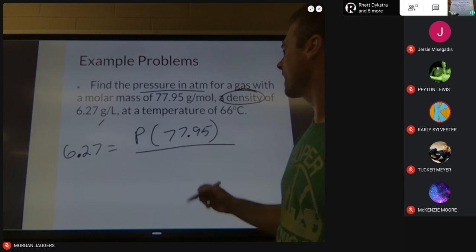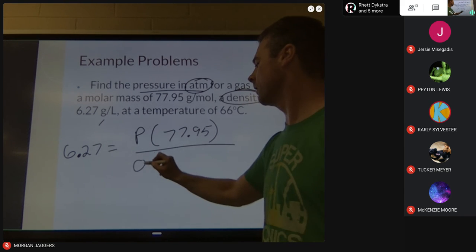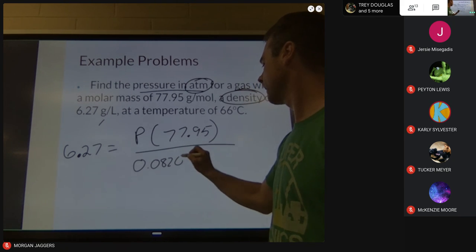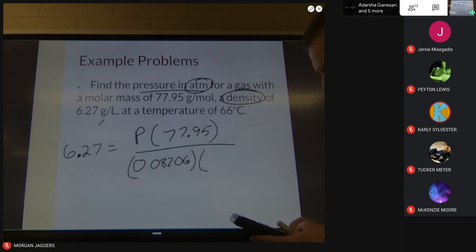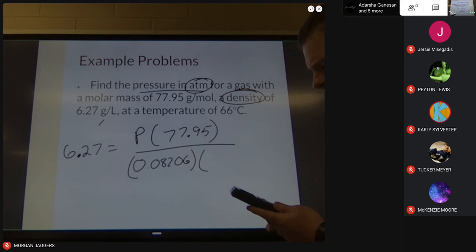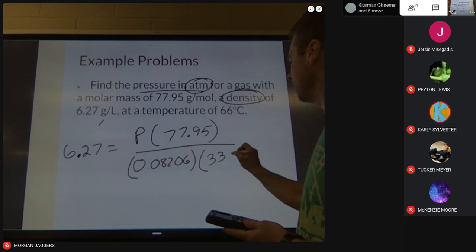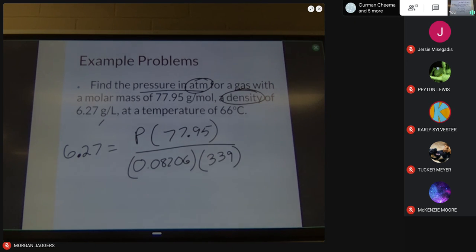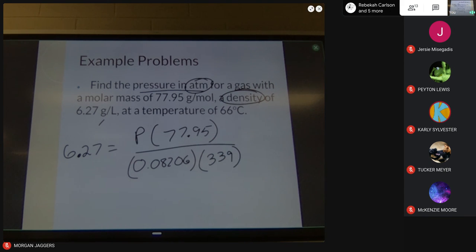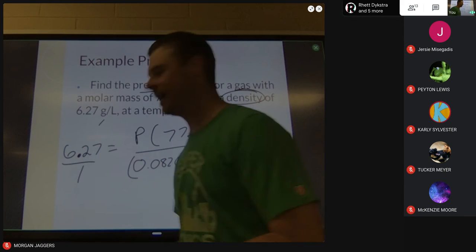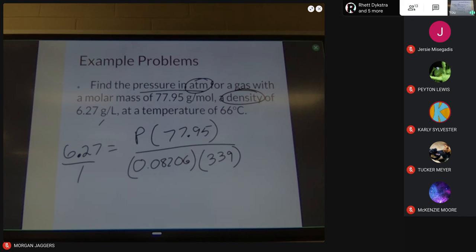Then R, got to use the correct R. They want it in atmosphere, so we got to use this dumb one. And then see if I can not screw this up. 66 plus 273 is going to be 339 kelvins. Sometimes people struggle with solving for things that are set up like this, like solving for temperature. If you have issues with that, just put that over 1 and do a little cross multiply and divide.